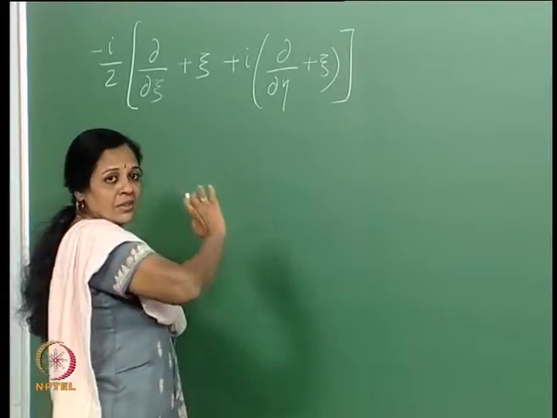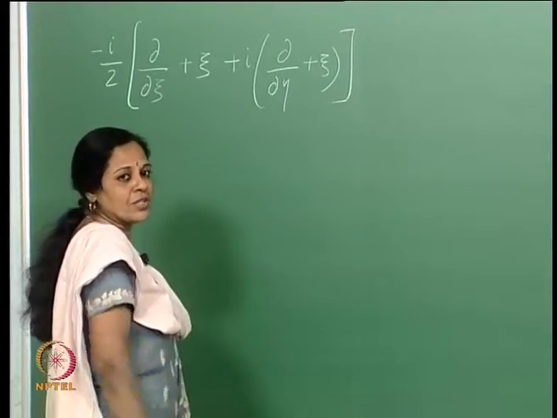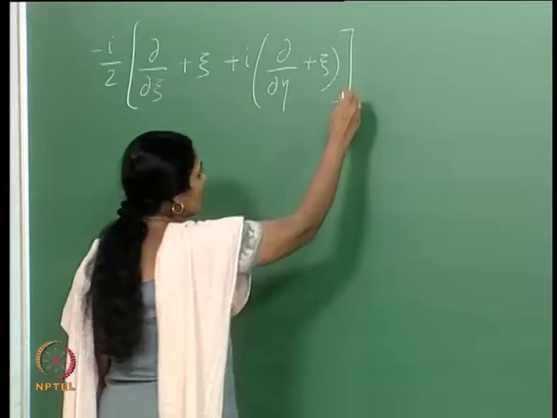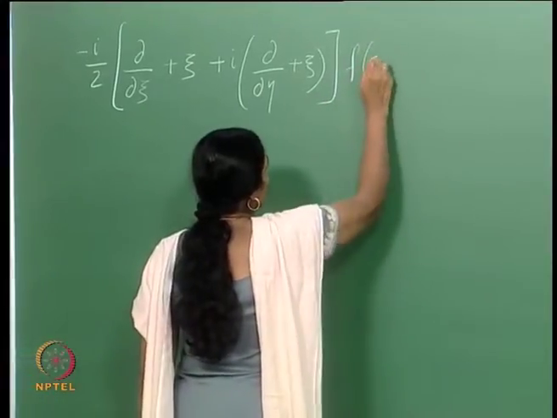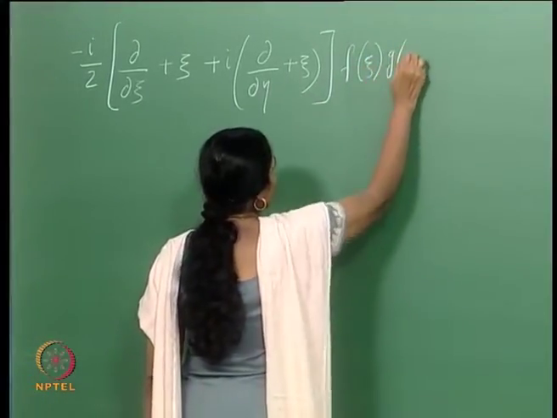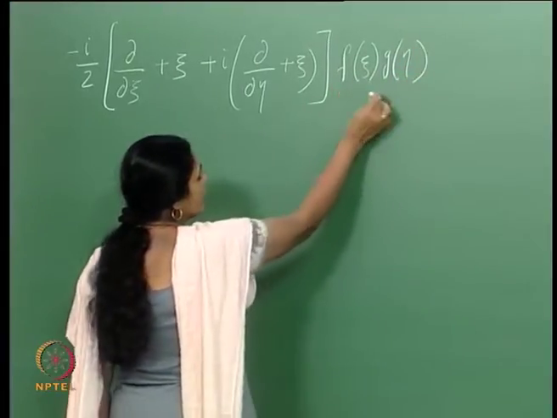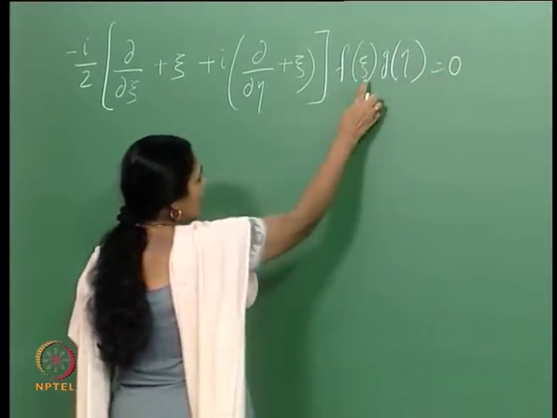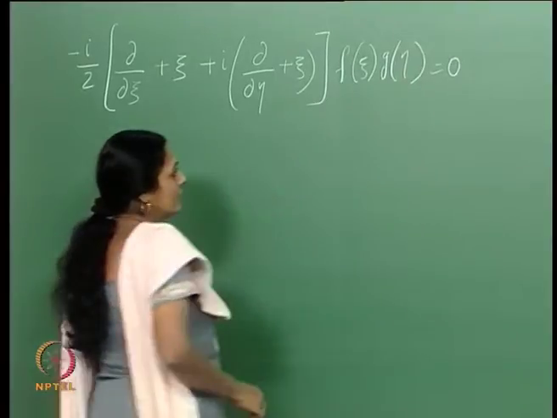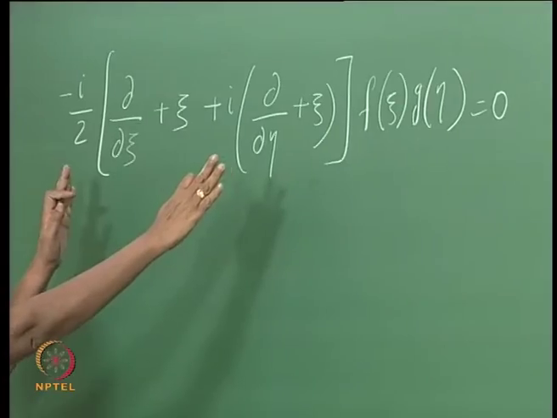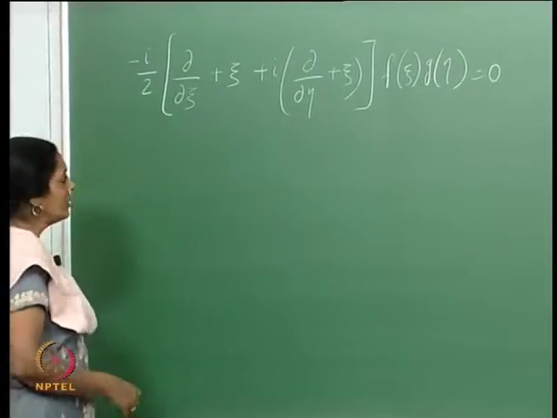This acts on the wave function, which is a function of zeta and eta now, and I'd like to do that in terms of a separation of variables. I will write the wave function as f of zeta g of eta, and then this operator acting on that wave function is 0.